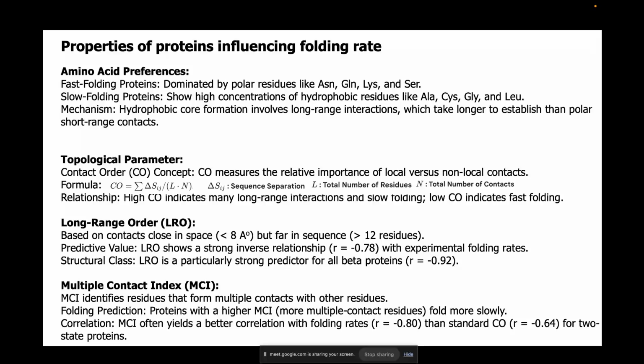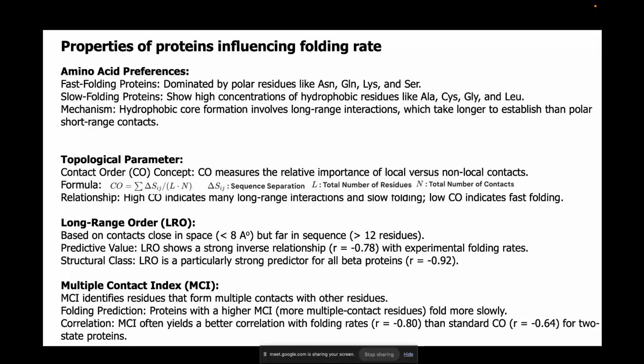So the higher your long range contacts, the slower is your protein folding, which is also intuitive. If you have more hydrophobic residues, you'll have more hydrophobic interactions, which will delay and slow down the folding rate.